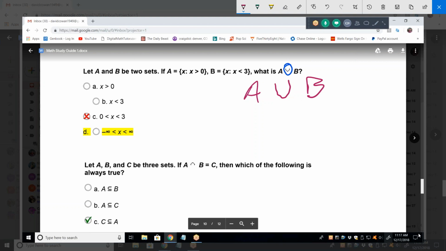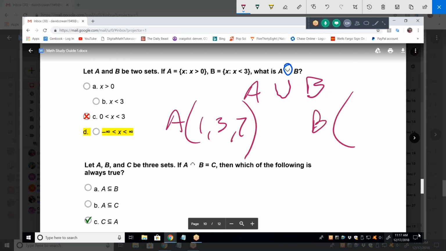Well, what that means is all numbers that are in each set. Let me give you an example. If I have 1, 3, 7 in set A, and set B has 1, 4, 8, what does A union B mean?